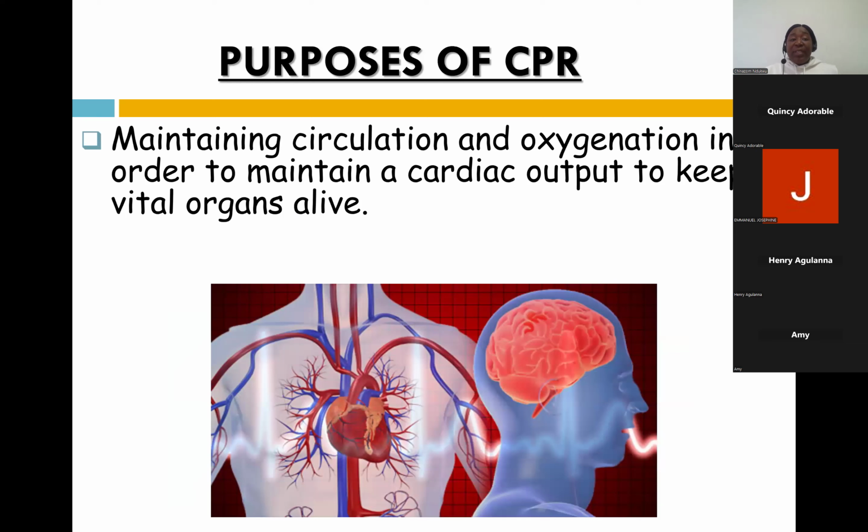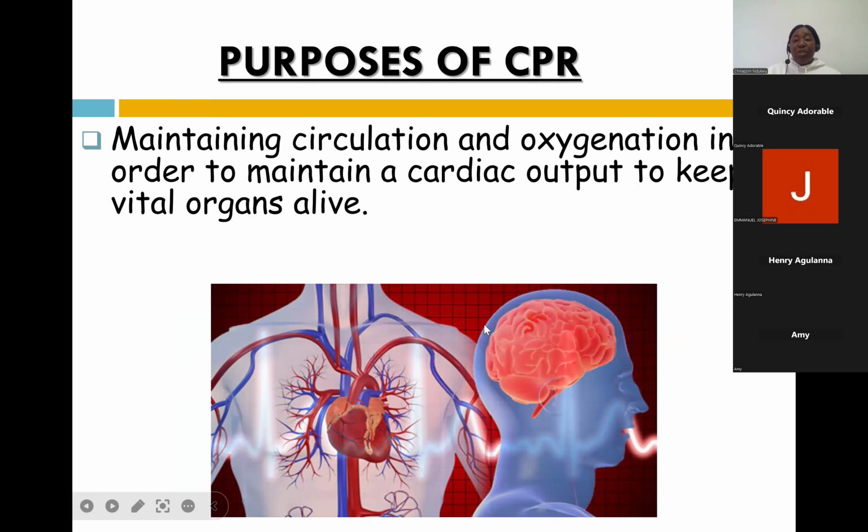The purposes of the CPR, like we have already said: CPR is cardiopulmonary. Cardio is the heart, pulmonary is the respiratory system. So the purpose is to maintain circulation. If you are able to help the heart to continue pumping this blood, that means you are maintaining the circulation.